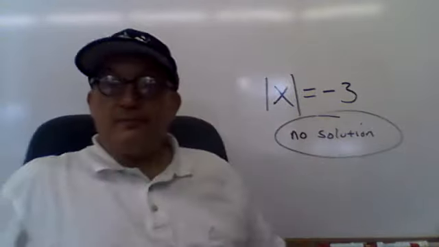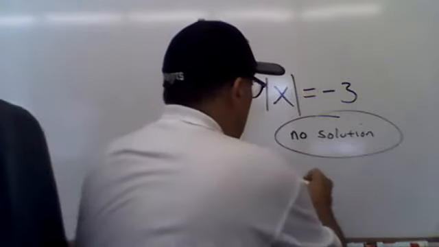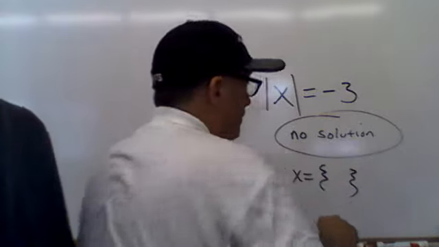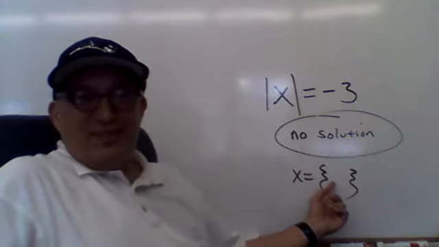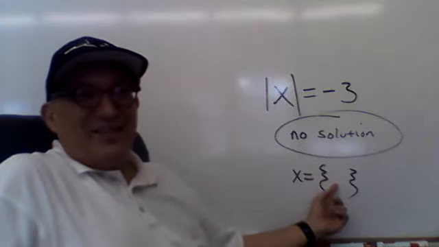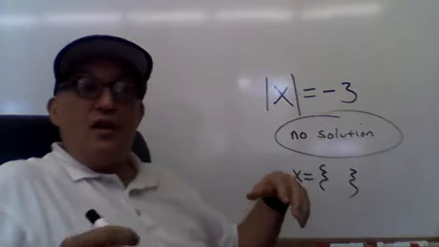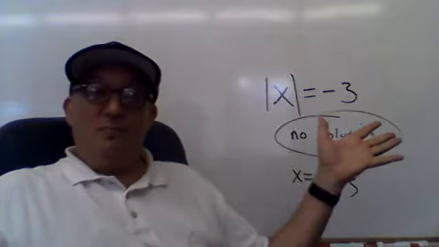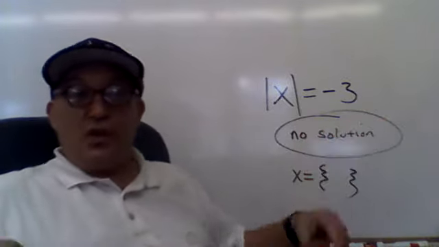You can write that. You can also write, to follow along with the set notation, x equals the solution set. The solution set has no members. This is something that's done in math. You put the set brackets and then you don't put anything in there and it's empty. In fact, that's what it's called, the empty set. A set of numbers that contains no numbers is known as the empty set.